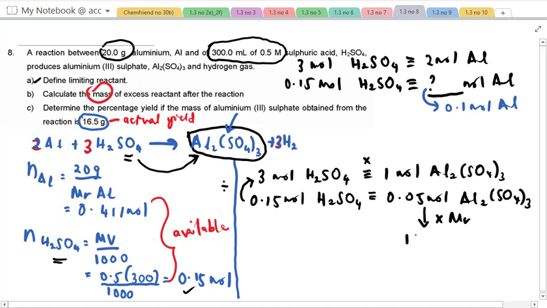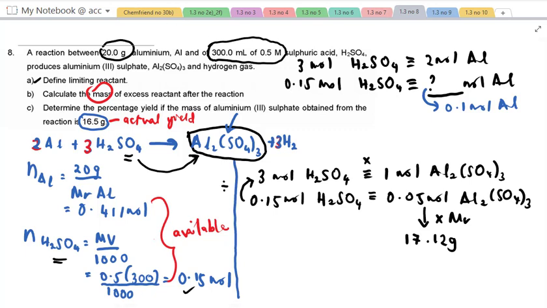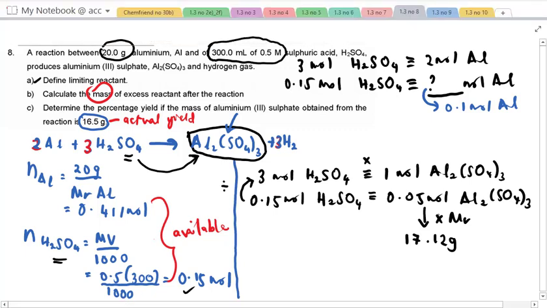Then the mass we should theoretically get is 17.12 gram. This is the theory yield that we should get based on the stoichiometric coefficient. Kan? Okay, based on the stoichiometric coefficient, we should get this 17.12 gram.